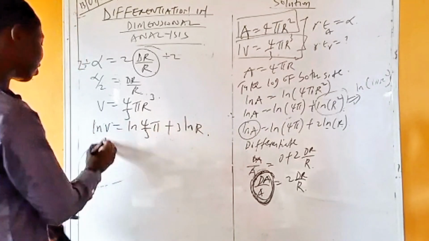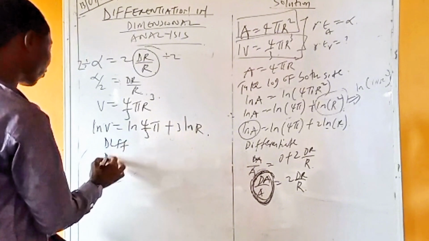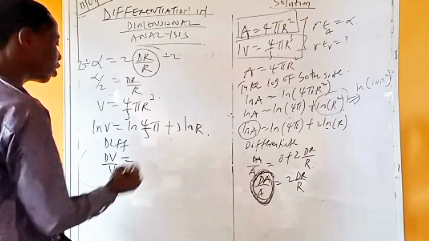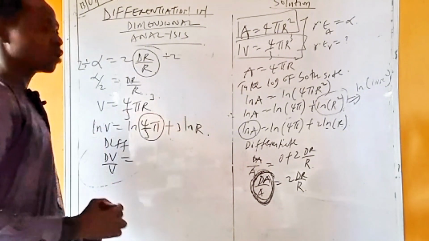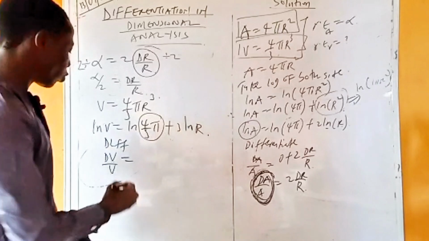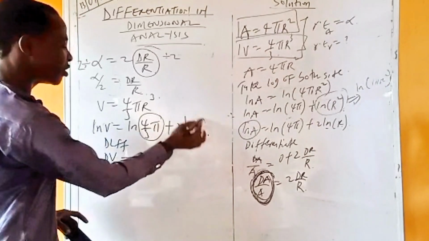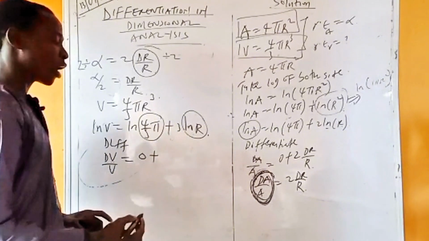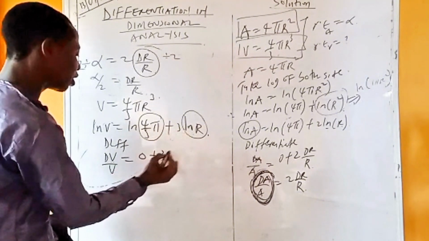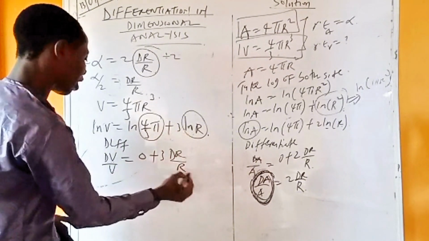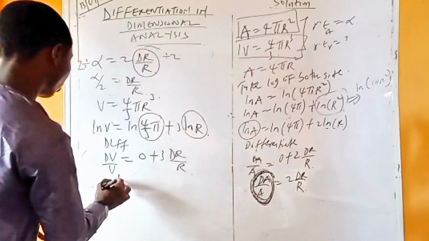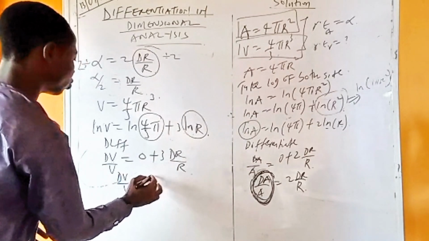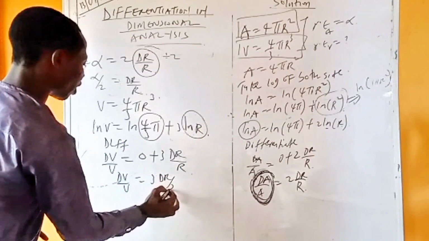If I differentiate this, I get dV over V is equal to, since 4 over 3 pi is a constant value and the derivative of a constant is 0, 0 plus the derivative of ln r, which gives 1 over r. This gives 3 dr over r. So dV over V is equal to 3 dr over r.